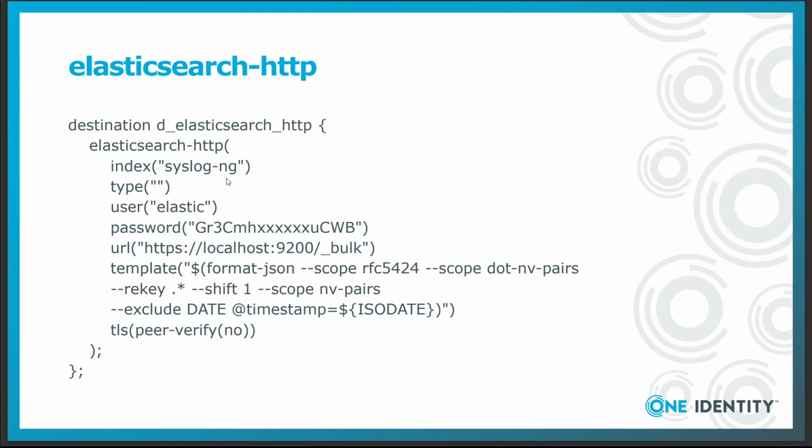It is still a mandatory parameter for the driver in Syslog-ng, but for 7 and later versions, you have to keep this parameter empty. User and password identify the user if security is enabled. URL takes multiple parameters, and that way Syslog-ng can perform load balancing among multiple Elasticsearch nodes.